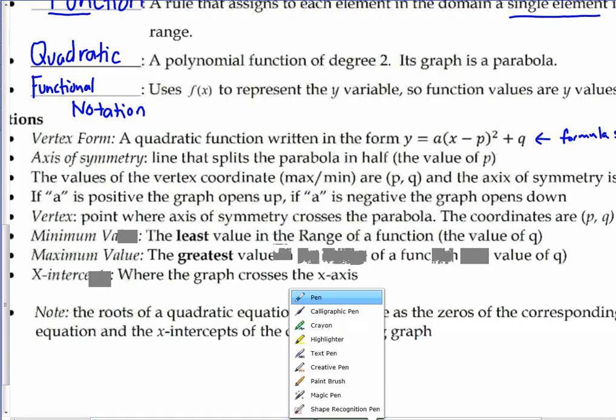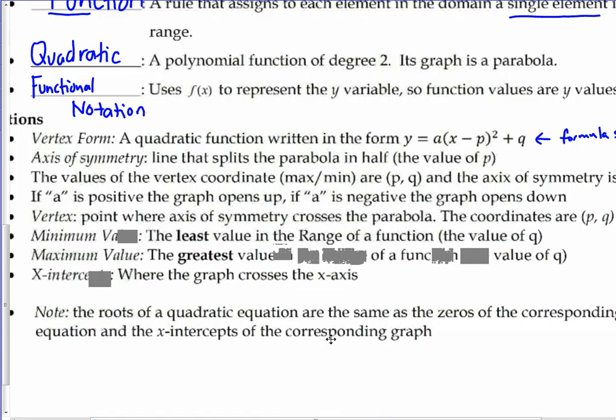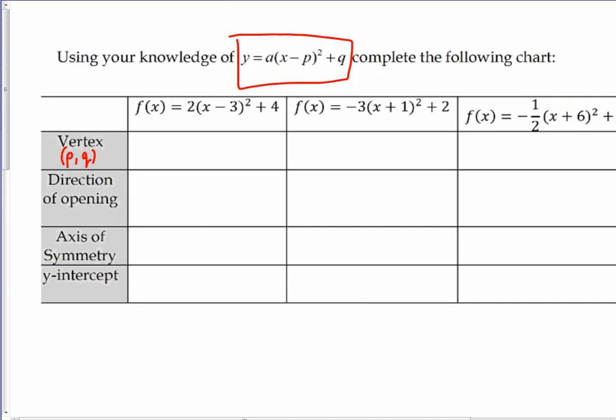Well, the vertex coordinate is p comma q. So looking at this question, what's my p value? 3. p is 3. And q is 4.